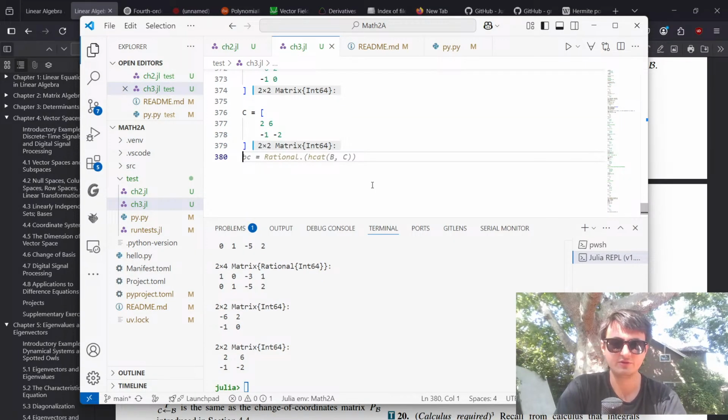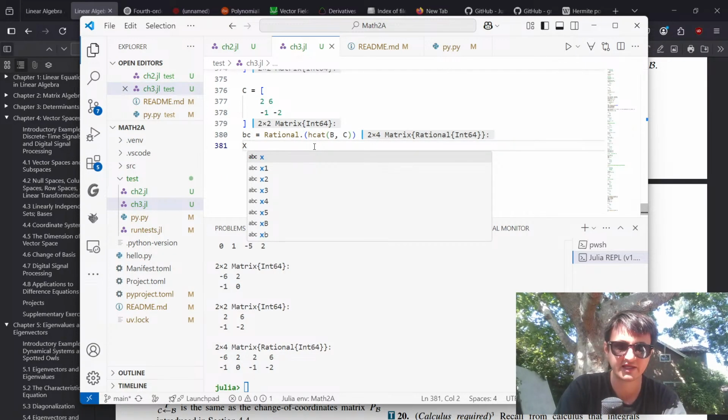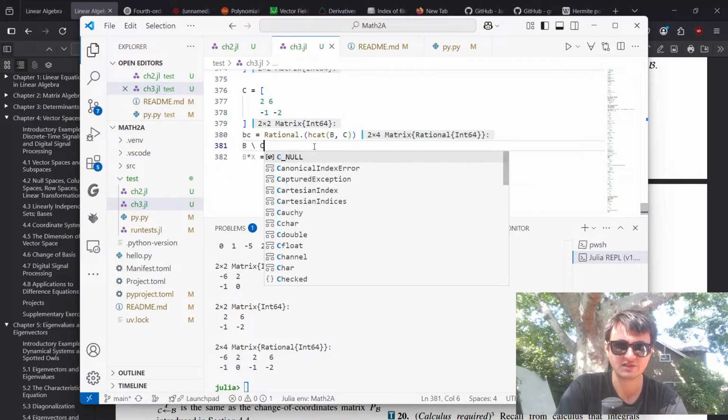And now if we hcat them together, what we're going to be solving for is the matrix X such that B times X is equal to C. And so that's what B \ C is.